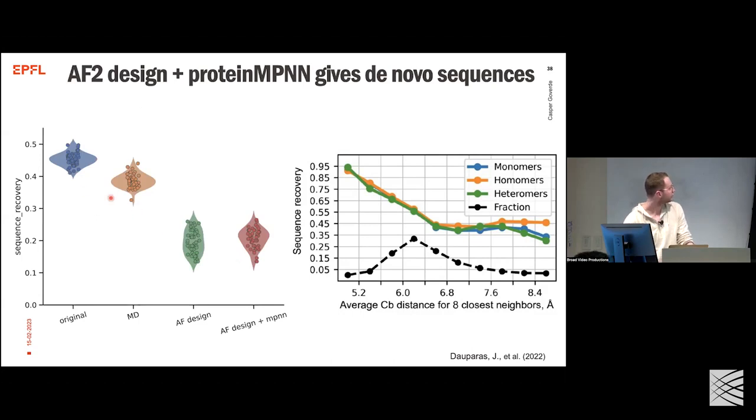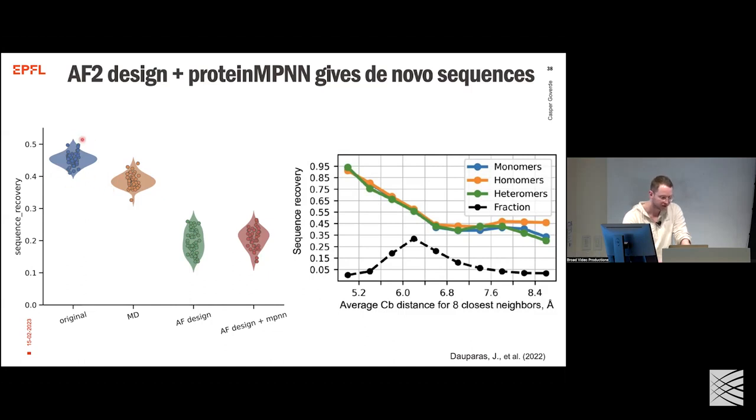So we also tried something else. We checked the sequence recovery when we take the original crystal. But what we can also do is put it through an MD simulation. So we do some molecular dynamics simulations, then we sample some of these states from the MD simulation, pass them through ProteinMPNN, and check what the sequence recovery is.